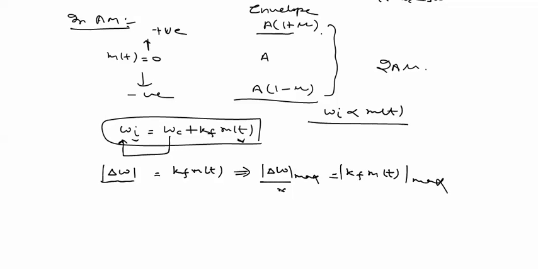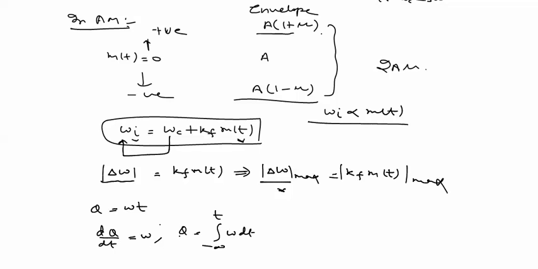Maximum frequency variation is one important term; the second important term is maximum phase variation. The relation between phase and frequency is theta equals omega t, and d theta by dt equals omega. From omega we want to calculate theta, so we have to integrate: theta equals the integral from minus infinity to t of omega dt.